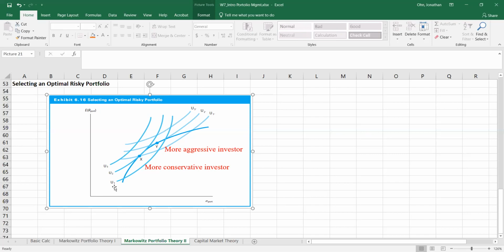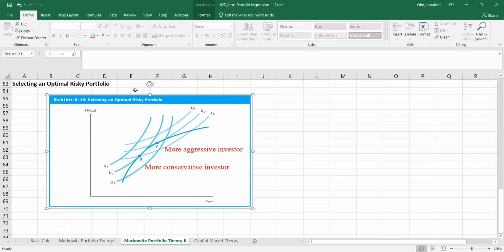They tend to stay with lower risk. But Y is likely to be a more aggressive investor because they're happy taking on a higher risk level.